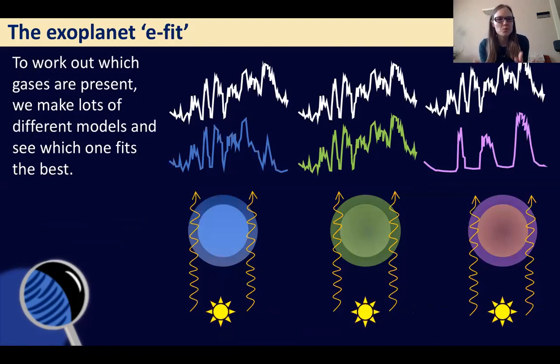So what we need to do is perform a sort of fit. We need to make lots of different models of exoplanet atmospheres and simulate light shining through them and calculate what we'd see on the other side. And then we can compare those with the actual observations. So in this really contrived example, you can see that the green model is the only one that produces something that actually looks like our observation.